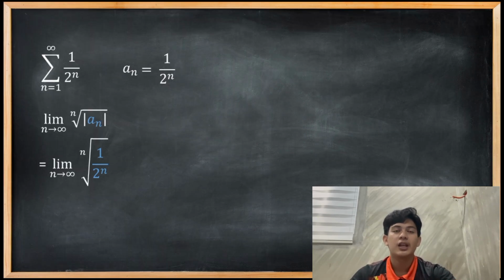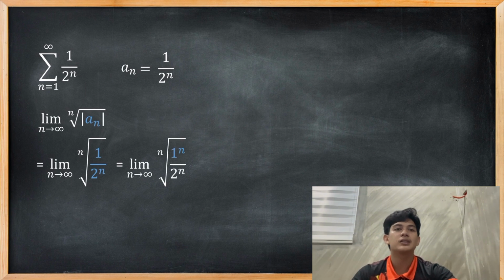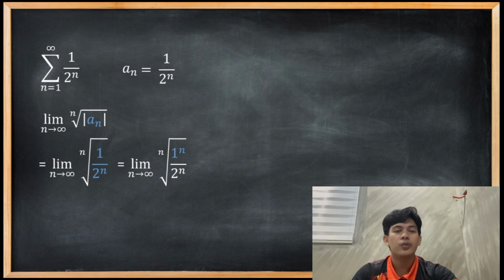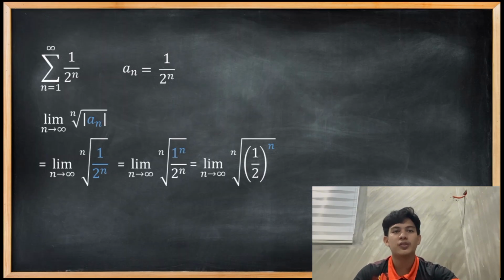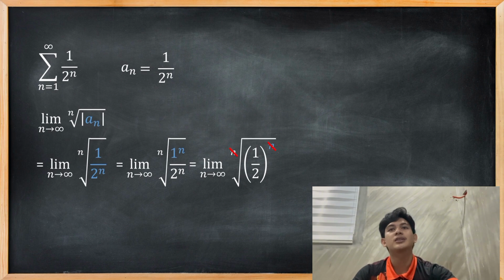The result is the limit of the nth root of 1 over 2 raised to n. Since 1 raised to any number is equal to 1, we can factor 1 raised to n and 2 raised to n. Since we have an nth root and it is raised to n, we just cancel it out.